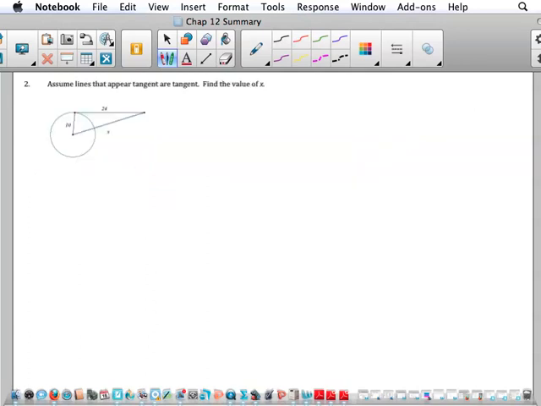Okay, number 2, again it says assume lines that appear to be tangent are tangent. Therefore, this angle right here is the line that is tangent. The value of x is the length of this entire line. That's the length of the hypotenuse. So we have 10 squared plus 24 squared equals x squared.